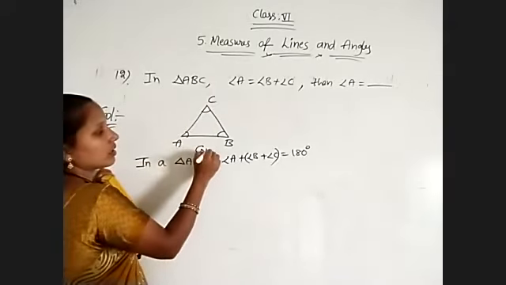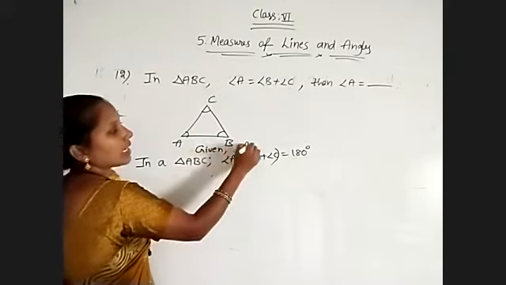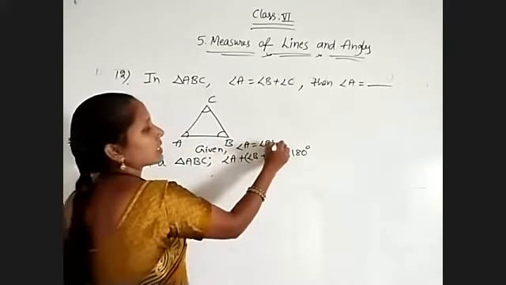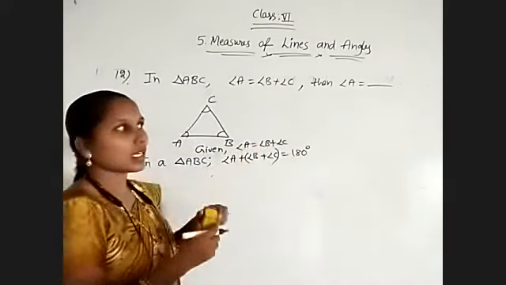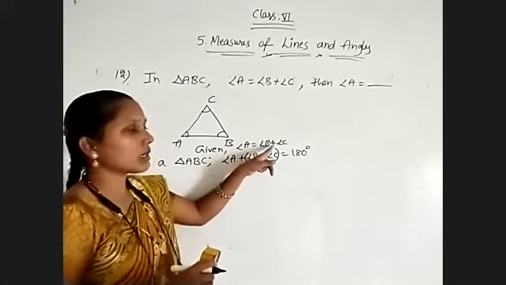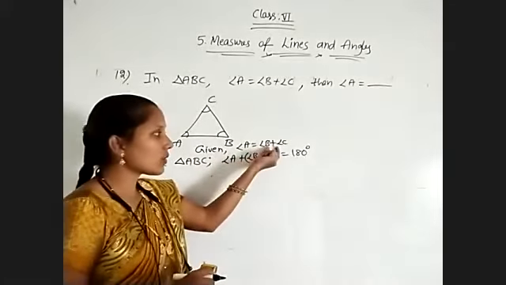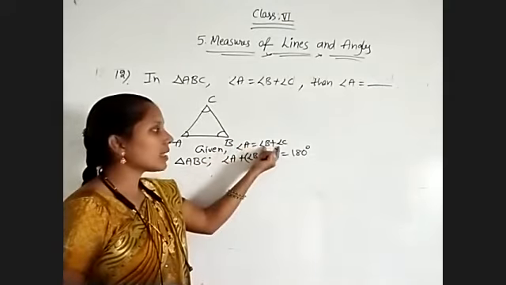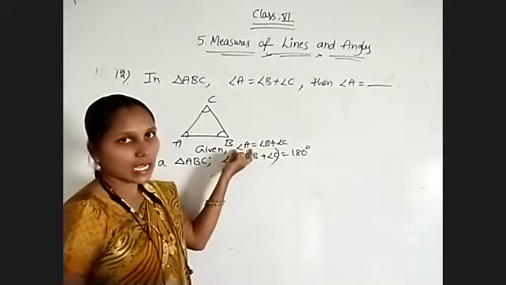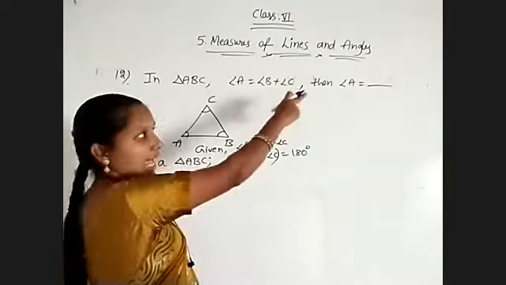So just write here. Given angle A is equal to angle B plus angle C. We know that in an equation, this value is equal to this side, otherwise this value is equal to this side. That means angle B plus C is also equal to angle A. We want the angle A value.